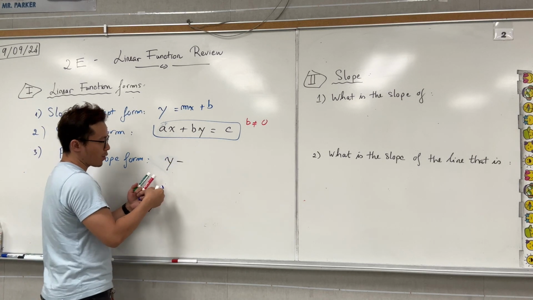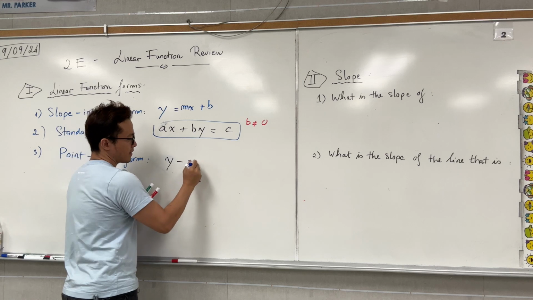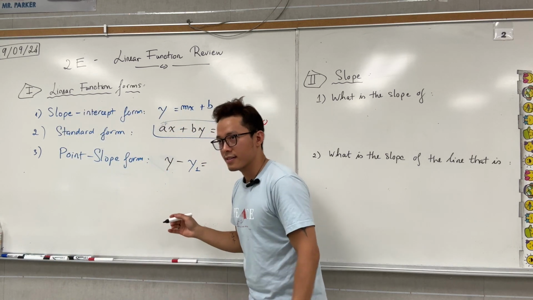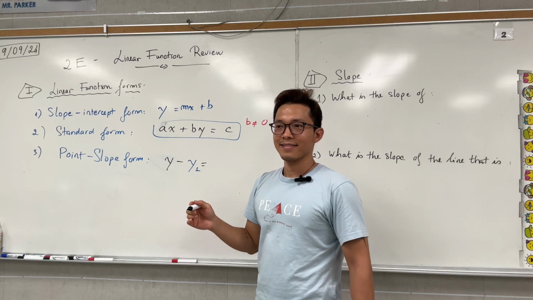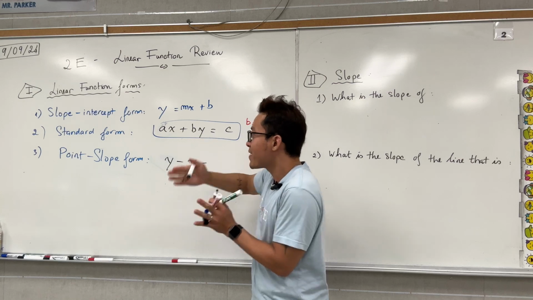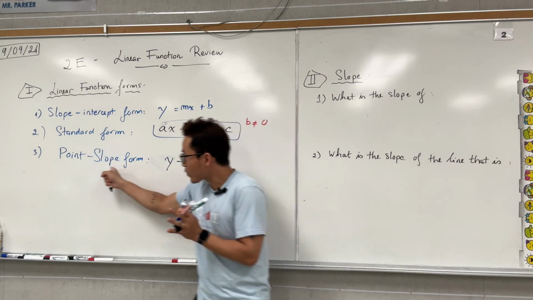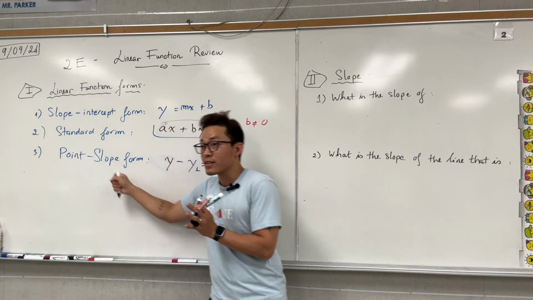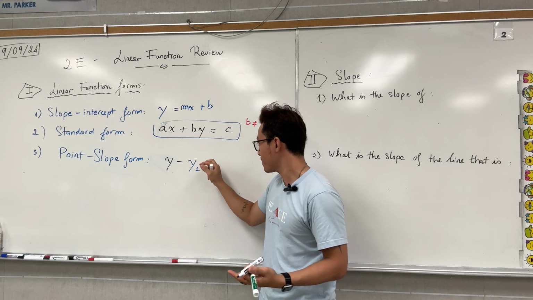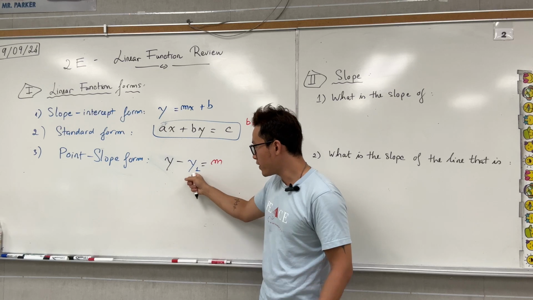Y minus y1 equals... In every form, you need to know the slope. That's what I call point and slope. So what is next? What's the letter for slope? M. Okay, now the point, you used the y already.